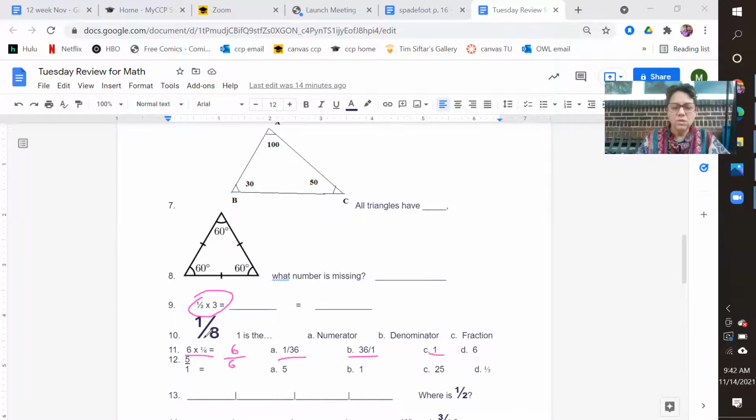No. So what is the same over the same? The same numerator and the same denominator every time. That is always 1. Okay? So 6 6 is 1. Because how many 6s are there? 1. 1 6. Let me move it up so you can see.